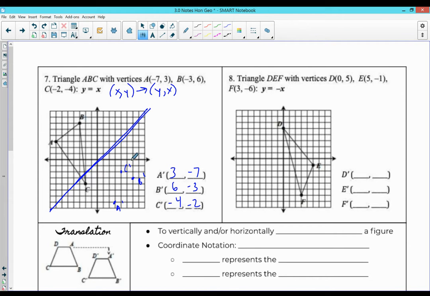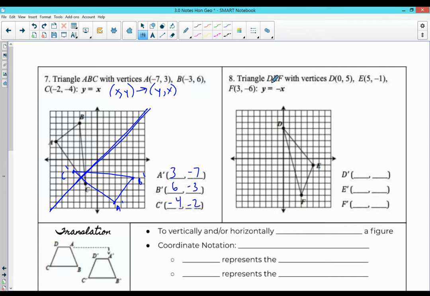Doesn't this look smaller? (3, negative 7), (6, negative 3), (negative 4, negative 2). There it is. Negative 4, negative 2. C prime. There it is. Beautiful.